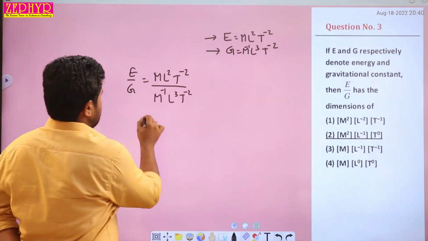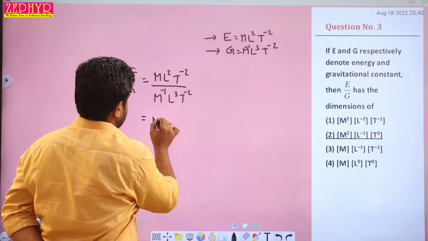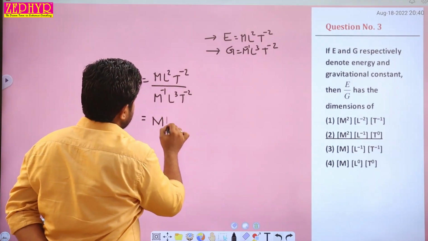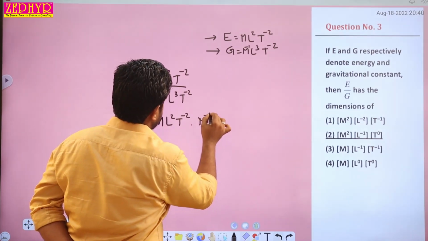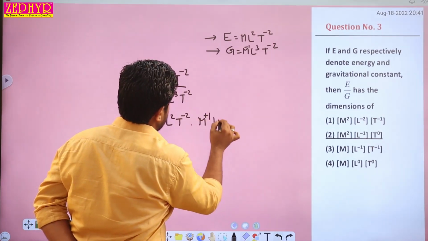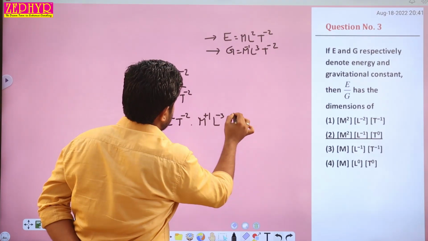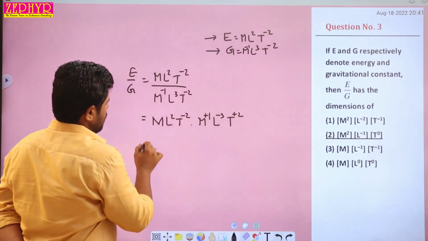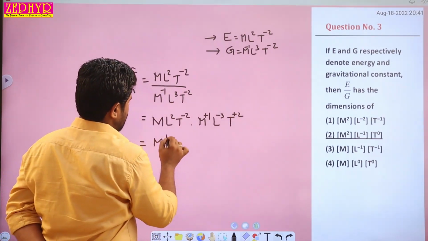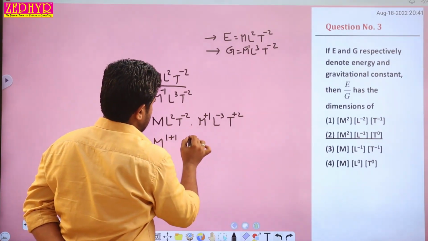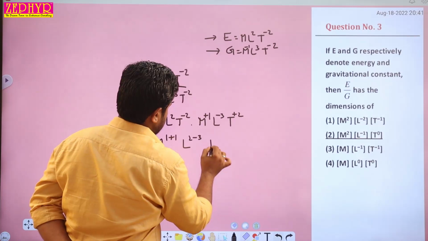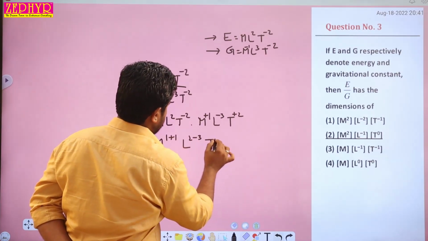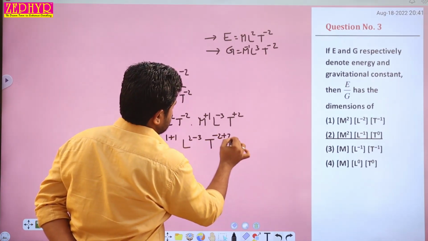Okay. So now it is equal to m L square t raised to minus 2 into m raised to plus 1, L raised to minus 3, t raised to plus 2. So now m: 1 plus 1, L: 2 minus 3, then t: minus 2 plus 2.